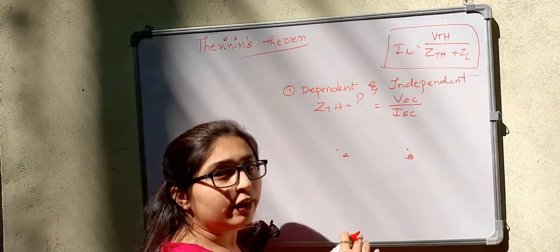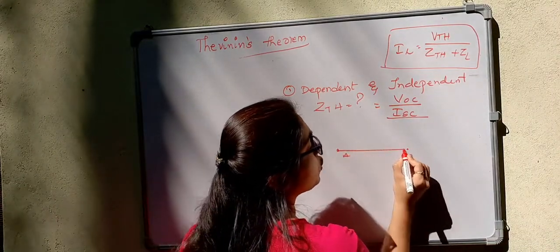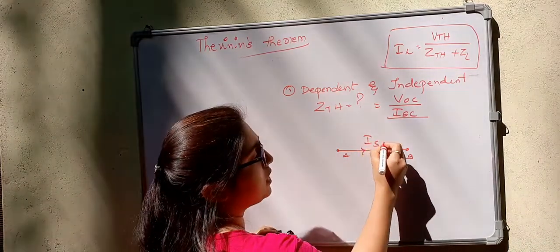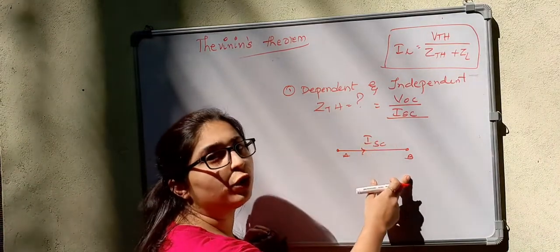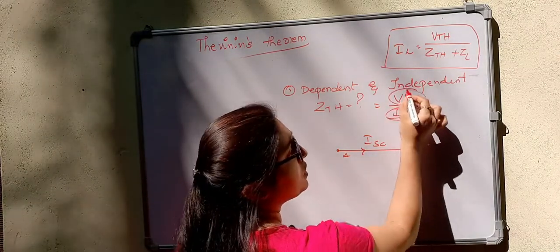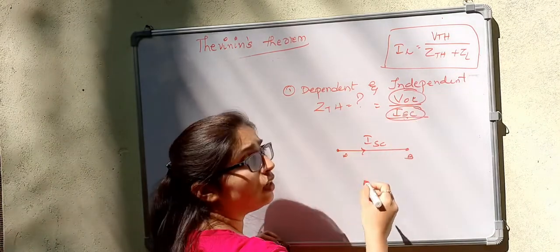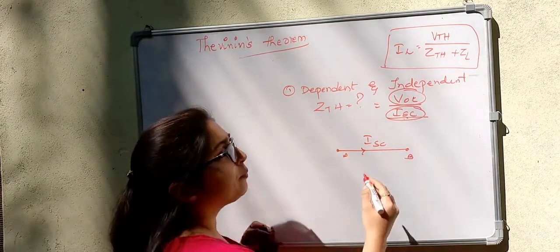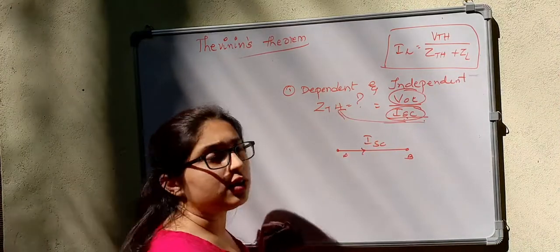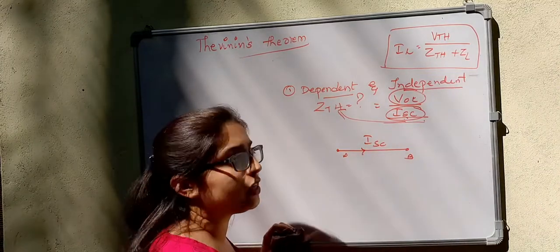But to find the short circuit current, we have to short circuit these two terminals AB and find the current which is flowing through this, that is ISC. VOC we know, that is by open circuiting these terminals we find the VTH, that is VOC. VOC by ISC gives the ZTH. This is the procedure we follow when it consists of both the dependent and the independent sources.